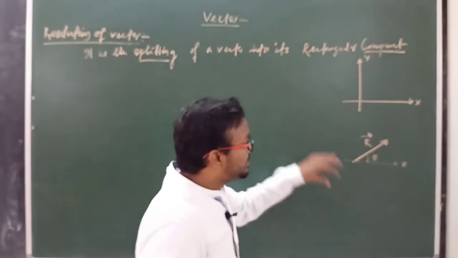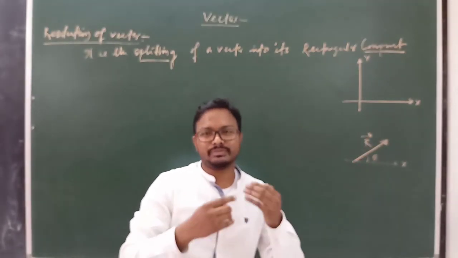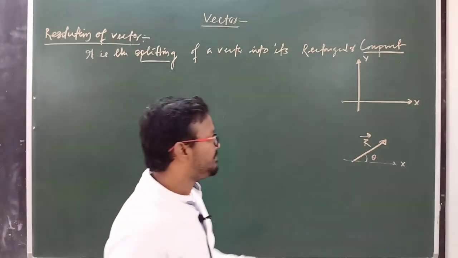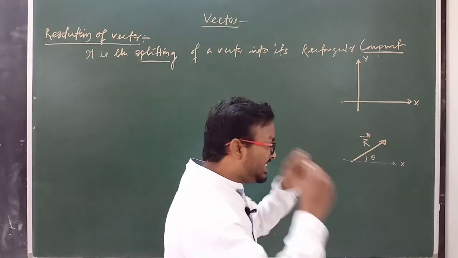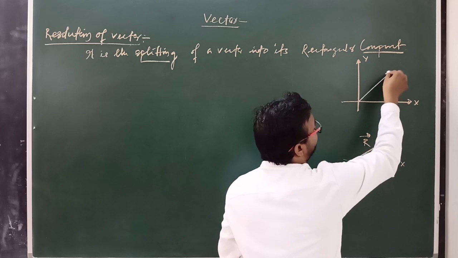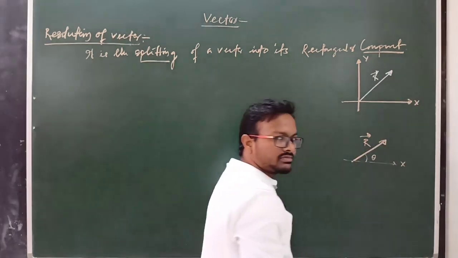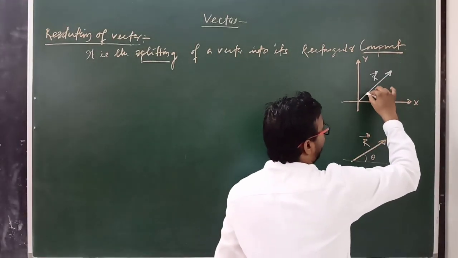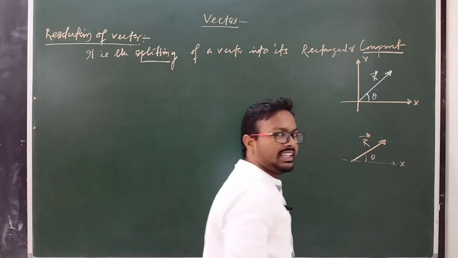We can shift a vector from one position to another without changing its magnitude and direction, so we have to shift this vector r here. Clear? This r vector makes an angle theta with this x axis.